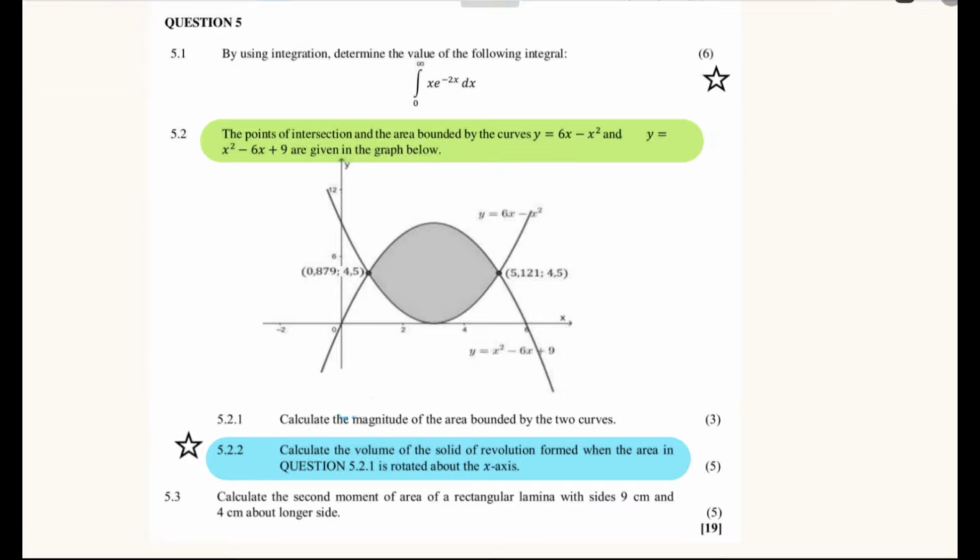Question 5.2.2, we calculate the volume of the solid of revolution formed when the area in question 5.2.1 is rotated about the x-axis.